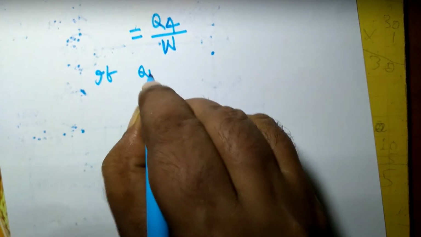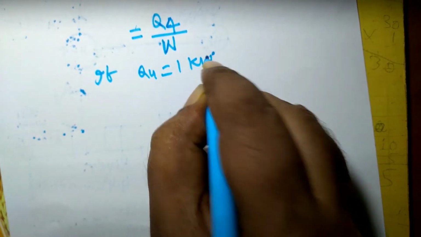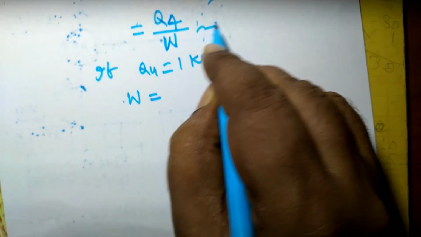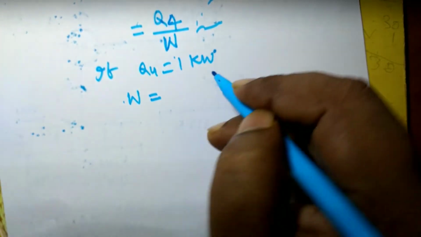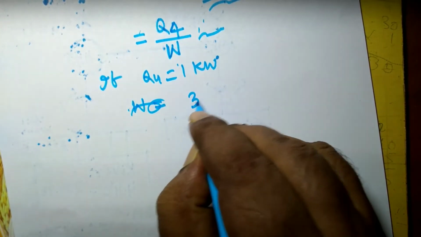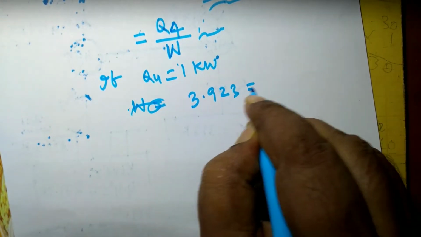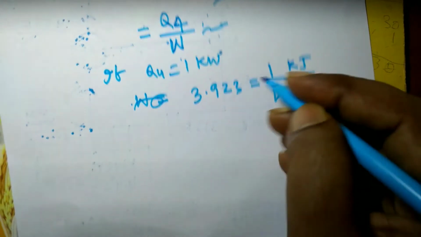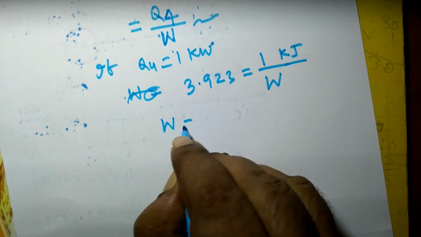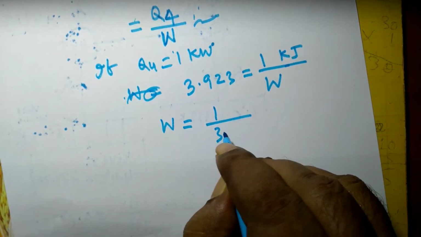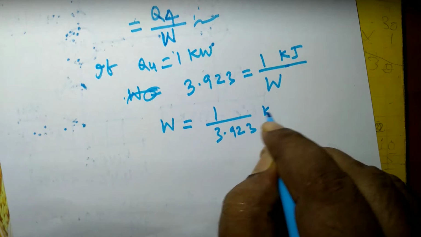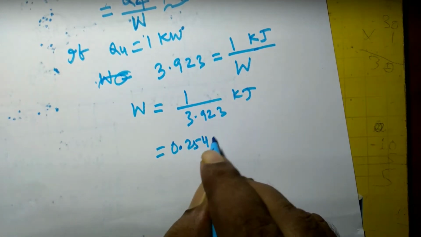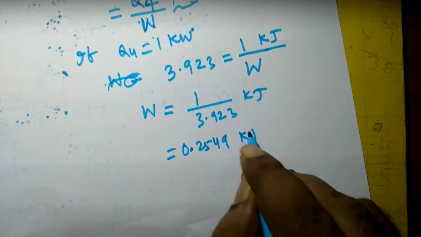So if Q4 is 1 kilojoule, then how much is W? From 3.923 equals Q4 by W, 3.923 equals 1 kilojoule by W. From this, W is 1 by 3.923 kilojoule, that is 0.2549 kilojoule.